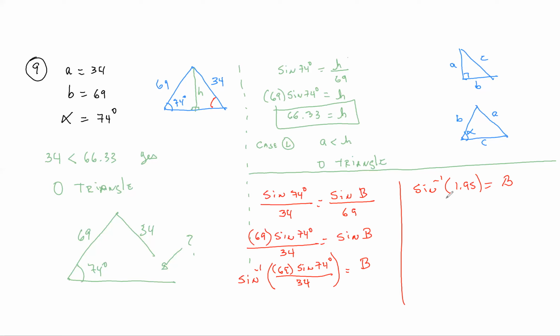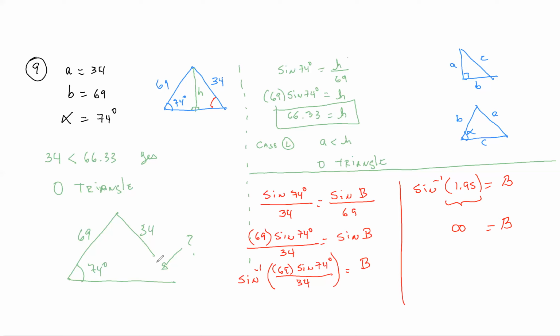Now be careful of this part, because on the unit circle the minimum point is -1 and the maximum point is +1, meaning that 1.95 is outside the unit circle. That is the reason this angle is undefined, it doesn't exist.